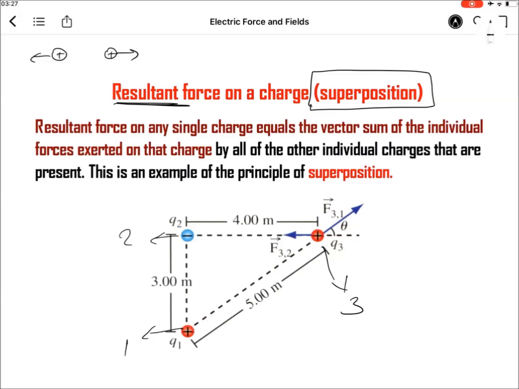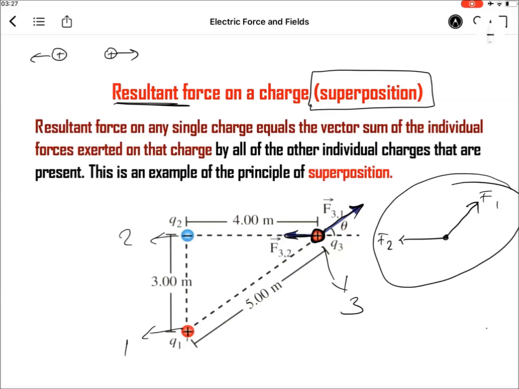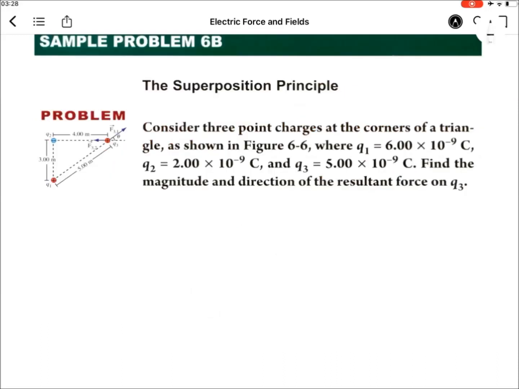Let's say we discuss the force on the third charge. Q1 applies force in this direction because they are like charges, and Q2 applies force in the direction of Q2 because they are unlike charges. So here there will be two forces. Let's say this is F1 and this is F2. So we have to find the resultant force of these two. We can say it is a superposition or resultant force.